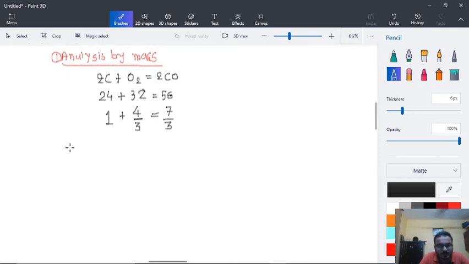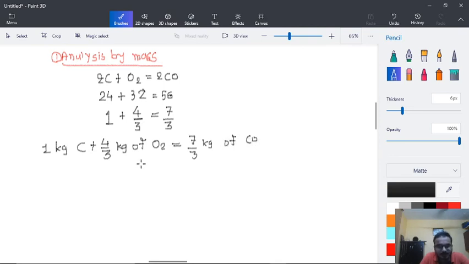Now we can write that 1 kg C plus 4 by 3 kg of O2 is equal to 7 by 3 kg of CO.